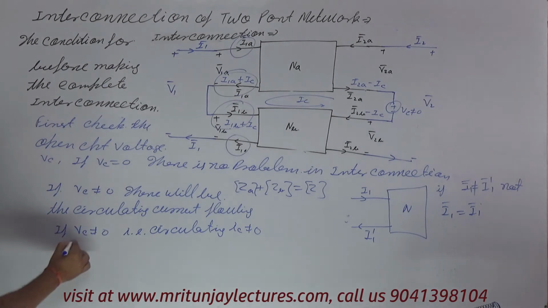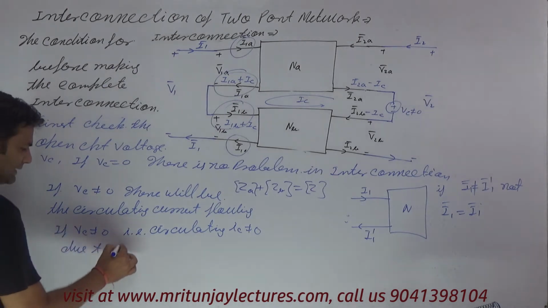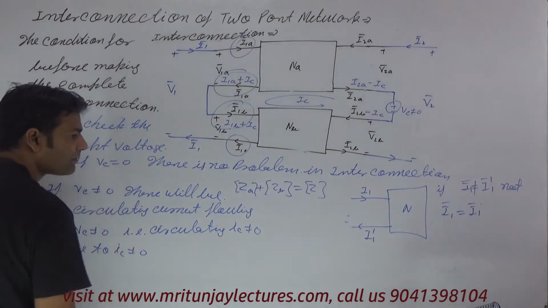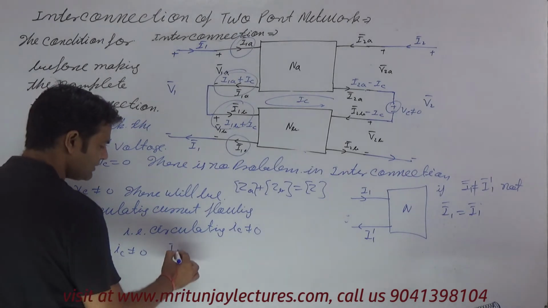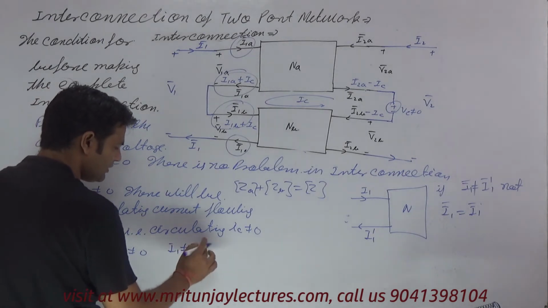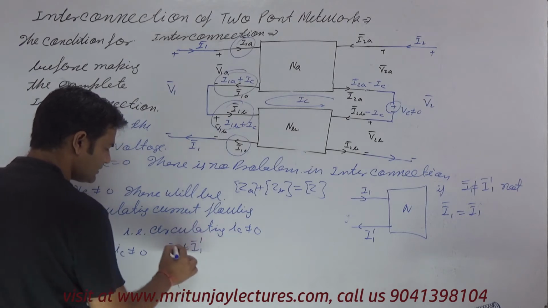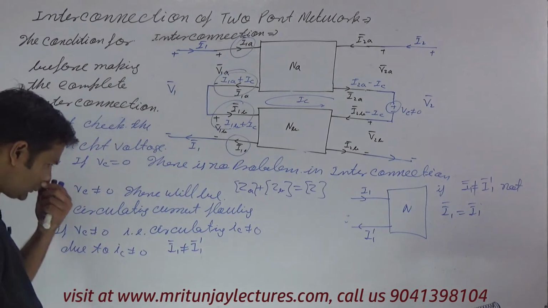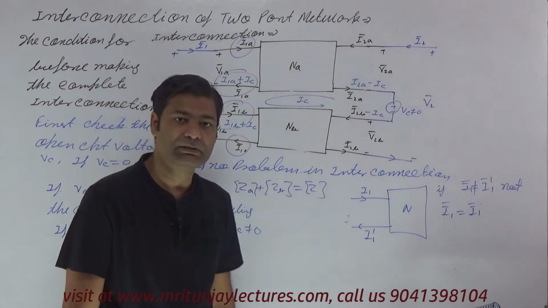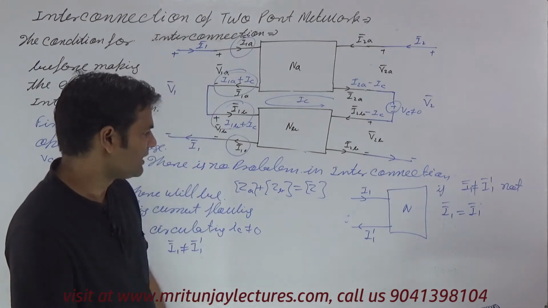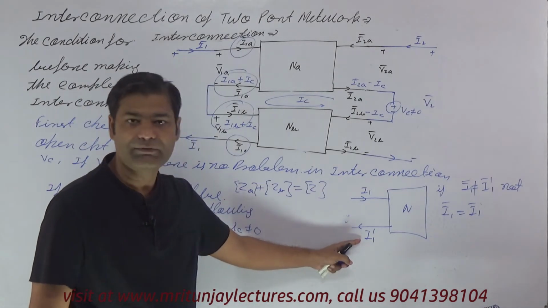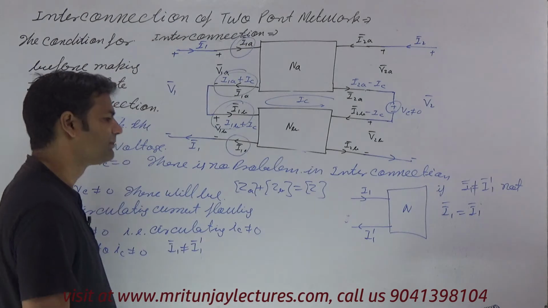Due to IC not being 0, I1 is not equal to I1 dash. Clear or not?